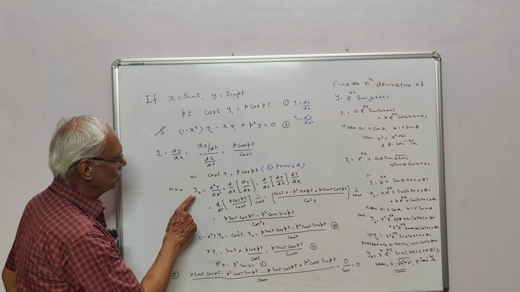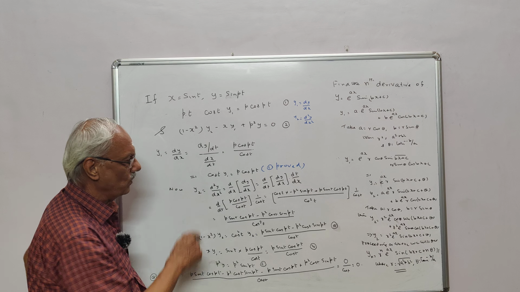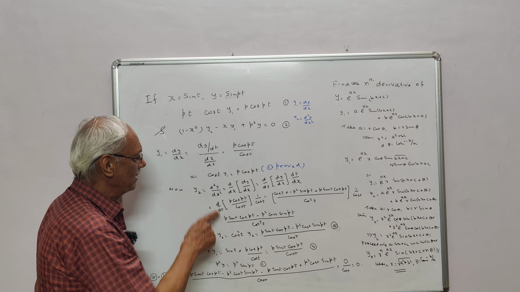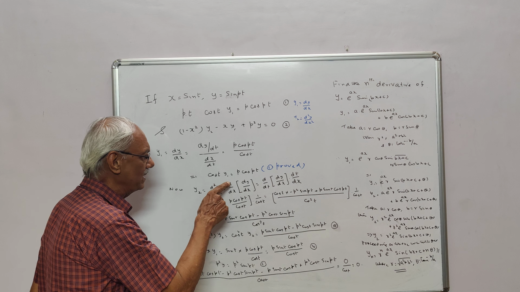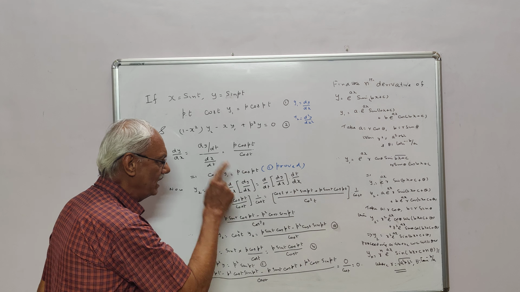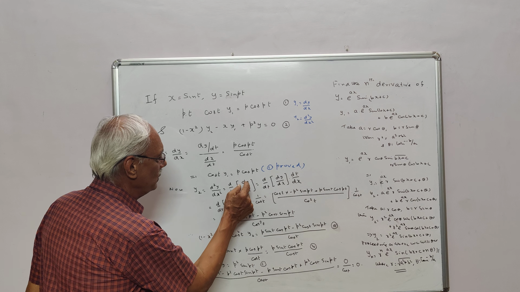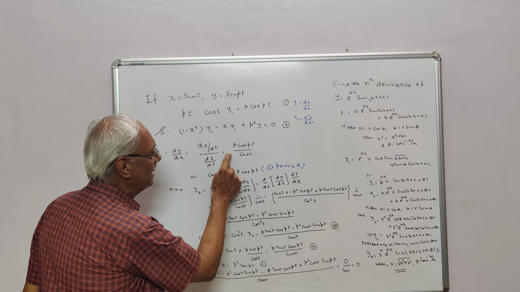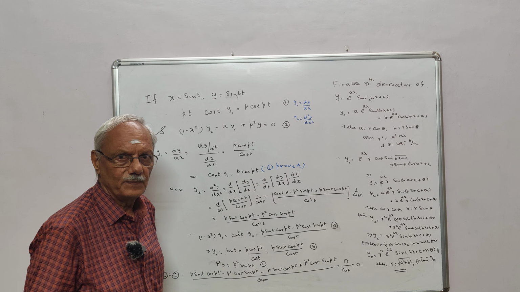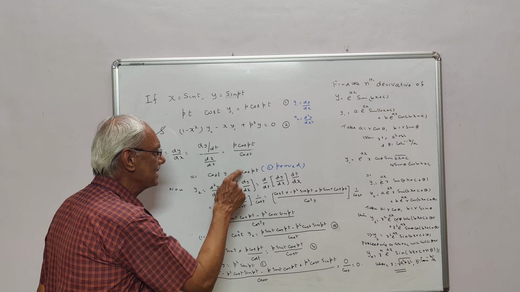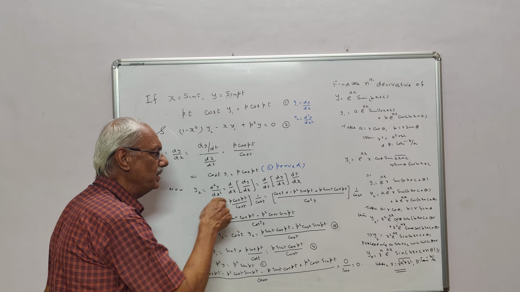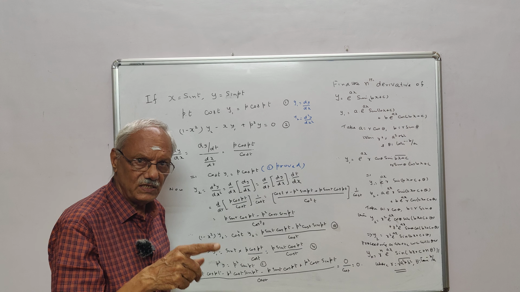Now, what is my y2? y2 is nothing but d squared y by dx squared. But this d squared y by dx squared is nothing but d by dx of dy by dx. Now this dy by dx is given in terms of t, and therefore it can be differentiated with respect to t.